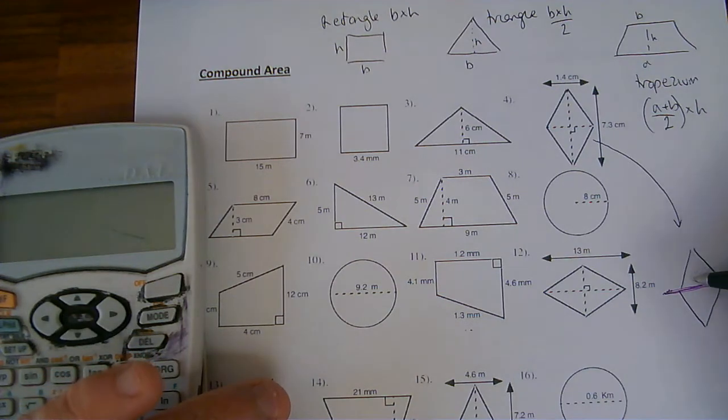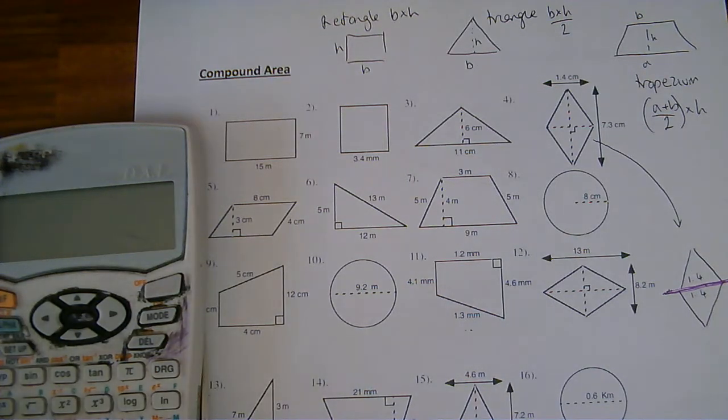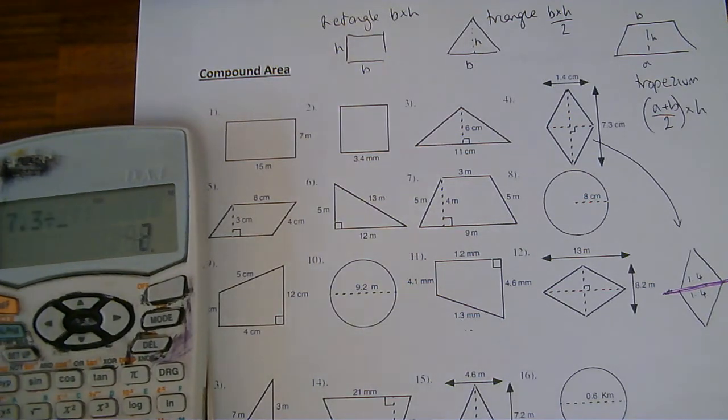Then I've got the top bit which has got a base of 1.4, same as the bottom. My overall height down here was 7.3. Now the assumption I've got to make is that that's going to be shared between 2. So my height on each bit is 3.65.